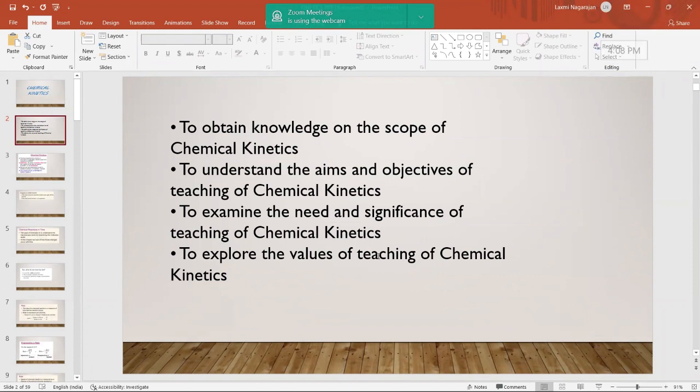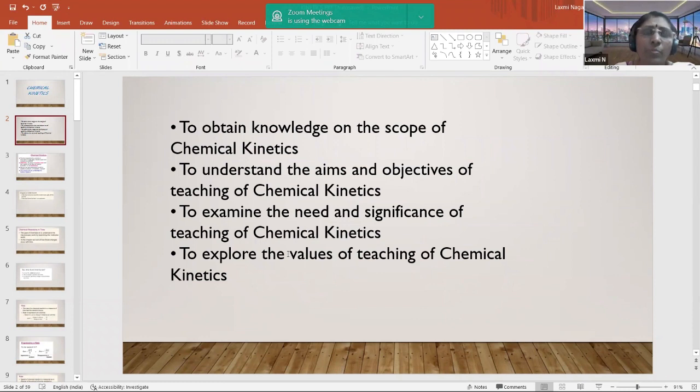What are the values that can be communicated by teaching chemical kinetics? Towards the end of the session, the values we try to weave into the lesson will be to strike a balance between the various parameters that affect our life.